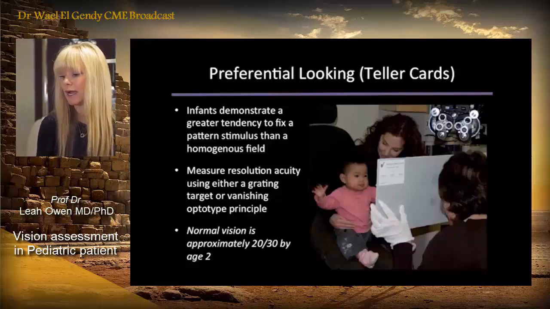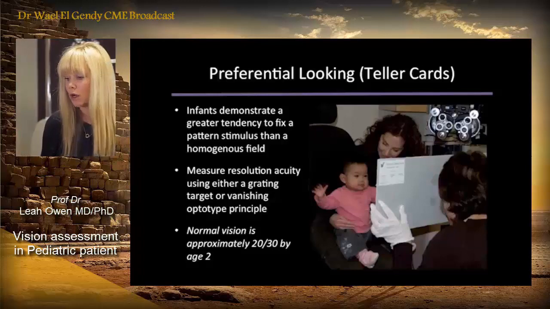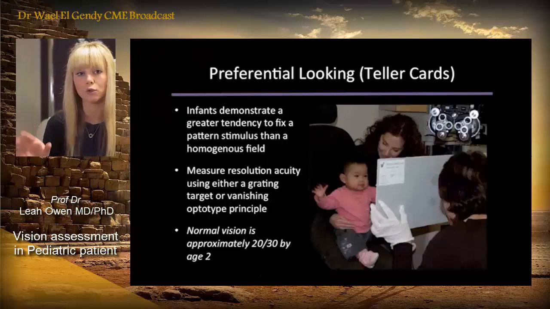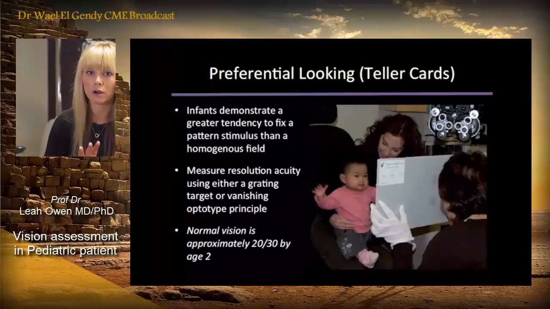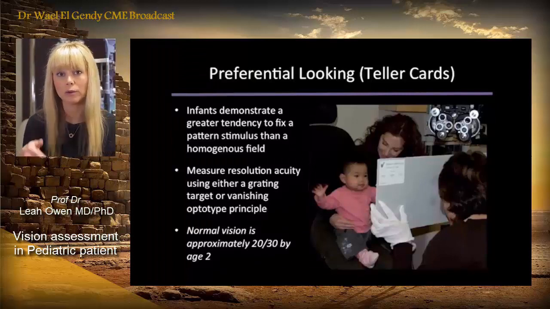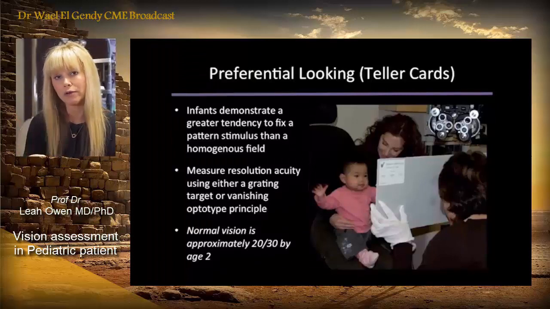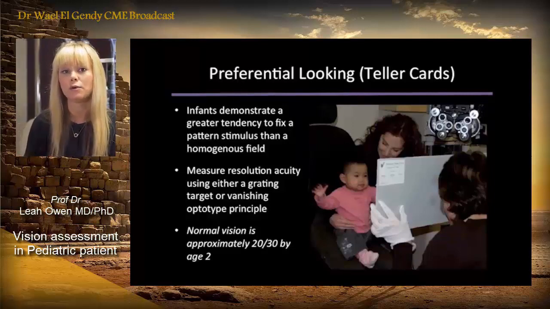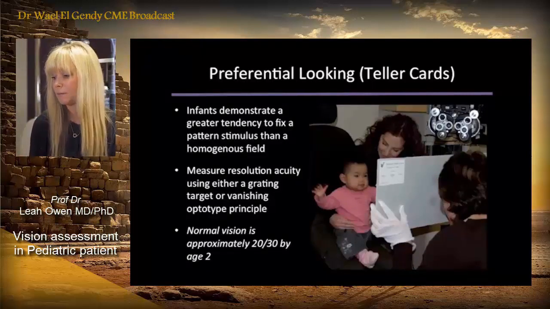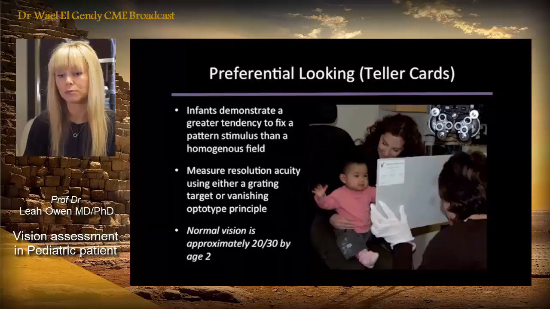And so we have some cards called Teller cards that have a grating appearance on them, and some of the grating is more coarse while other cards have more fine grating, and the more fine grating appears more like a homogeneous field. So essentially you want to see which pattern the child will preferentially look at.